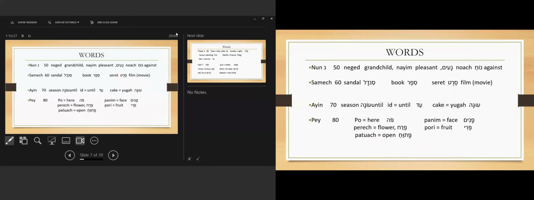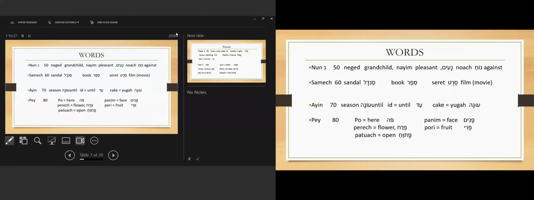Book is a sefer. So if I give you a book for your birthday, I'm giving you a sefer. Just remember the vowels, marry them, and you will have the sounds. Sefer is a book. All right.